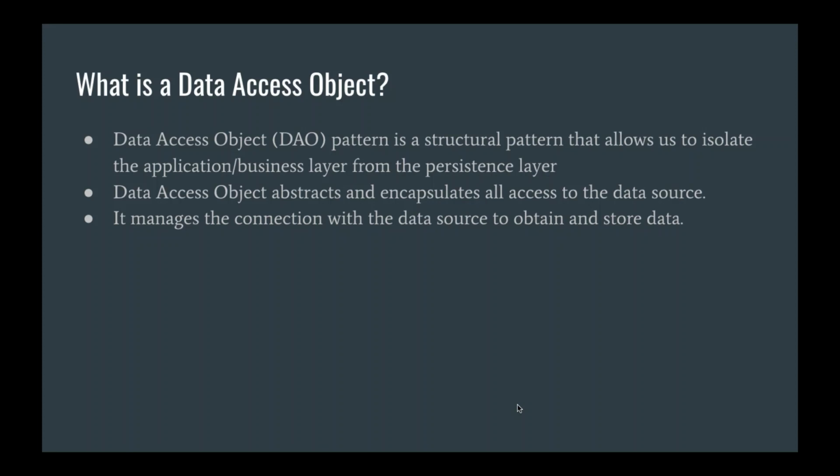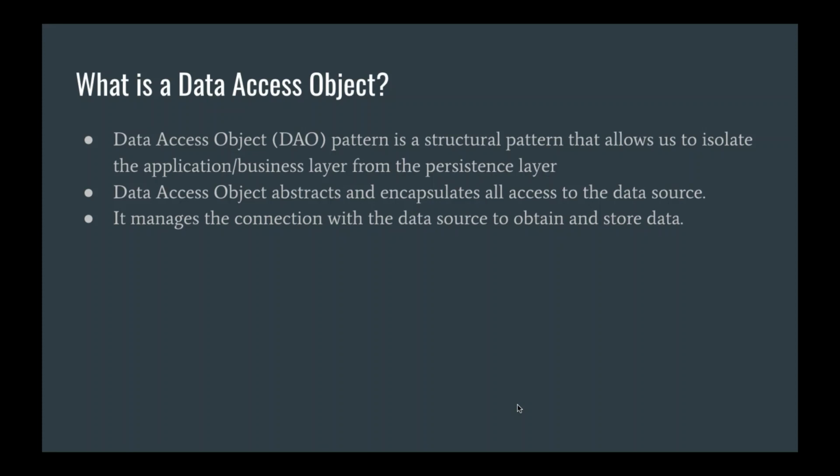You don't want to compromise the database by directly making calls to it or directly persisting data to it. The persistence layer is there for that particular purpose. Via the data access object, we're able to decouple these two responsibilities, and the one layer doesn't really know about the other, but they're able to communicate whenever we want to persist data to the database.